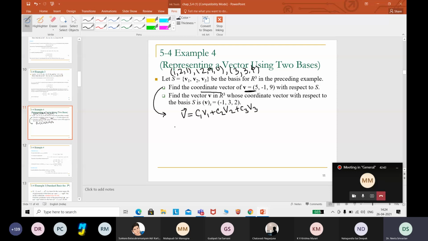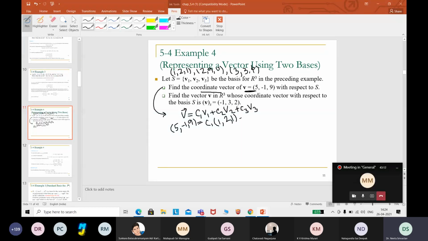Then I have to write here 5, minus 1, 9 equal to C1 into 1, 2, 1 because any vector in R3 can be written as a linear combination, no? Now they are asking you to find the coordinate vector.